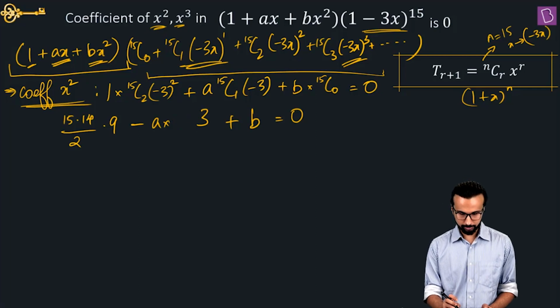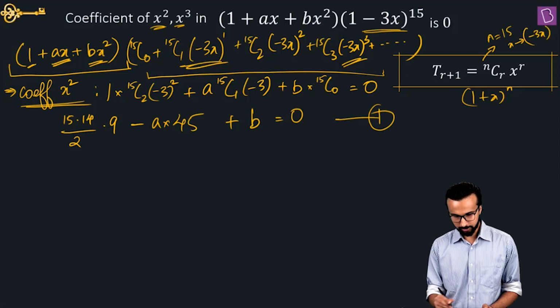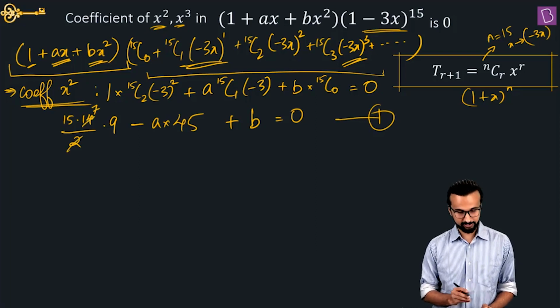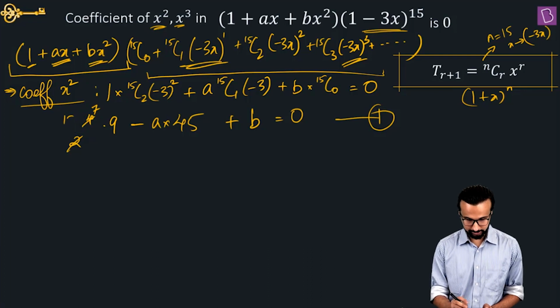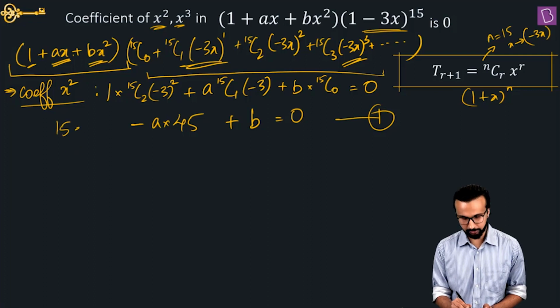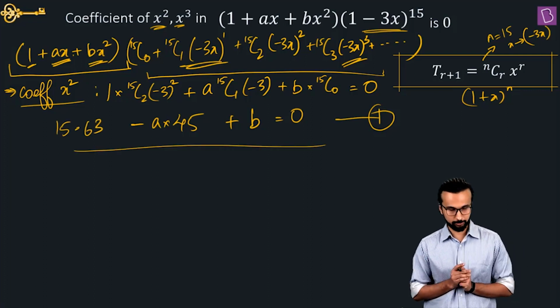The 2 and 14 cancel out to give 7, and 15 into 7 into 9 is 945, which becomes the first term. We'll keep this as the first equation.